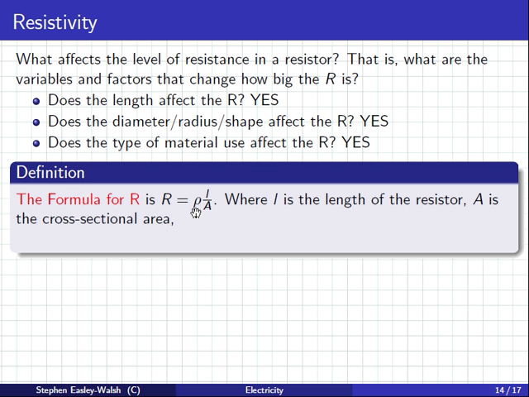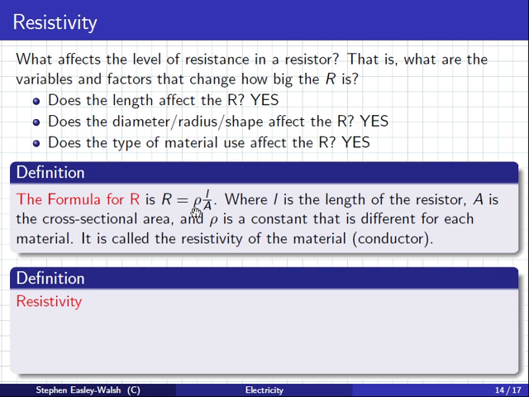L is the length, A is the cross-sectional area. Do you remember this word? Yes. And rho is a constant that is different for each material. It's called the resistivity of the material. You got that? So we have to give the definition of that constant.